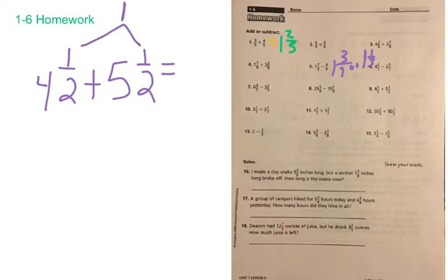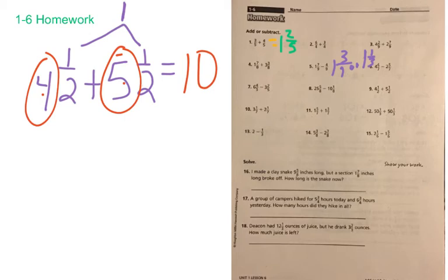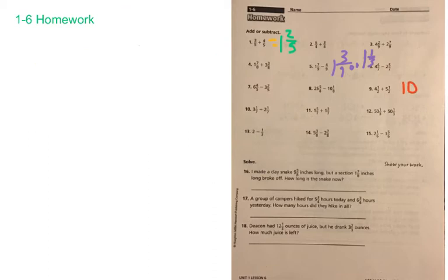So when we add, we have to add that 1 whole to our whole numbers when we add them together, and 4 plus 5 is equal to 9, plus 1 more is equal to 10. And so number 9 is actually going to be a whole number of 10, because 1/2 plus 1/2 equals 1 whole.